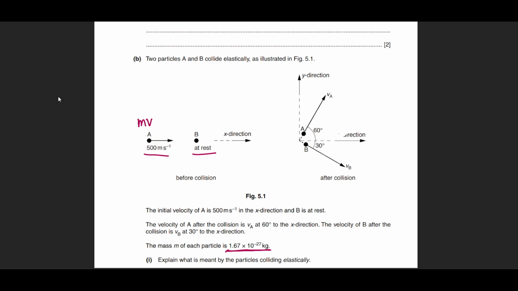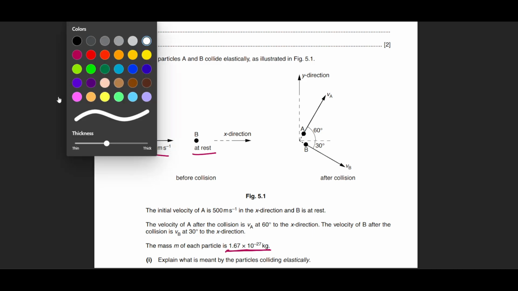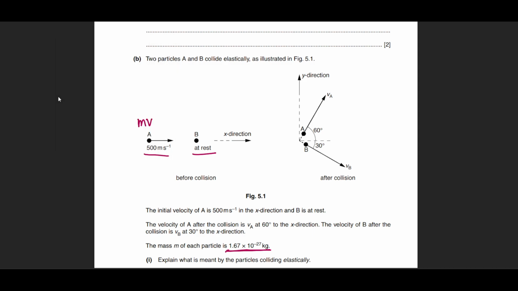For the VA direction, we have this one, right? So this will be MA VA cos of 60.